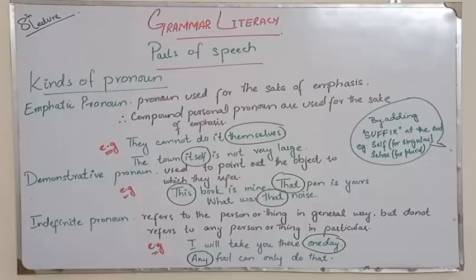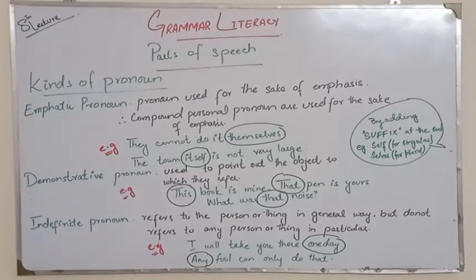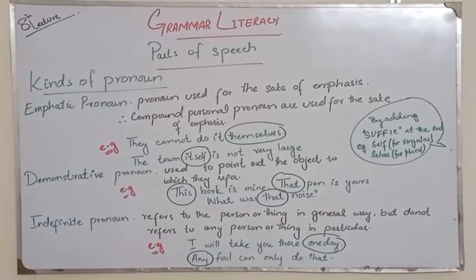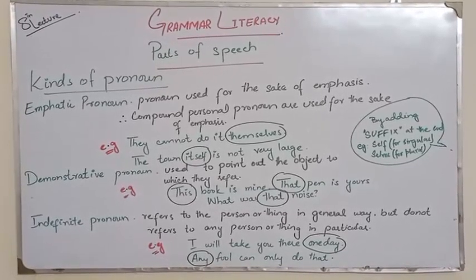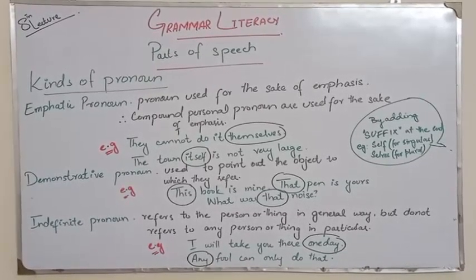The next one is: what was that noise? Someone is hearing some noise, and somebody is asking, have you heard that noise, or what is this? Or somebody is coming out from the home and asking somebody, what was that noise?